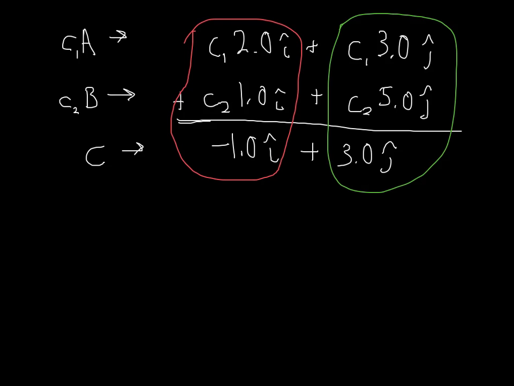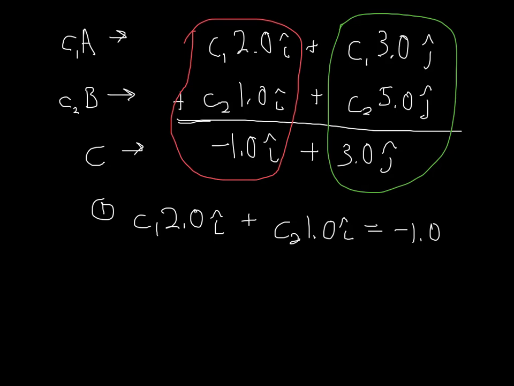So I can write out two equations. First equation I can do, C1 times 2.0 in the i hat direction plus C2 times 1.0 in the i hat direction has to give me negative 1.0 in the i hat direction. Yes? How do you get negative 1i from 2 plus 1?